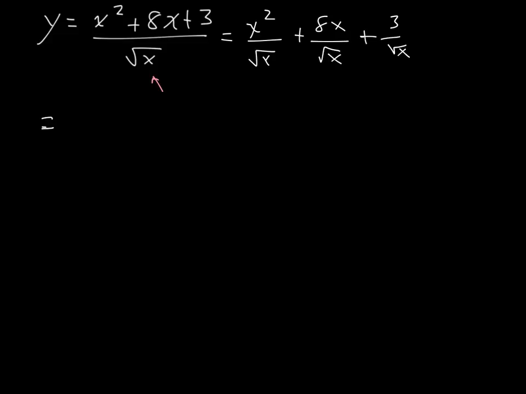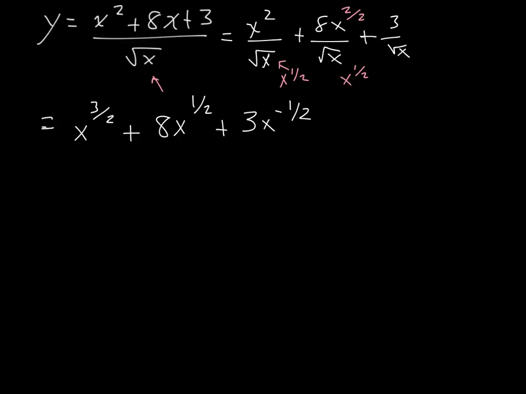So in other words, remember the square root of x is x to the 1/2. Okay, so this would end up being x to the 3/2 plus 8x to the 1/2 plus 3x to the minus 1/2. So take the time if you need to and pause this video and go through that.